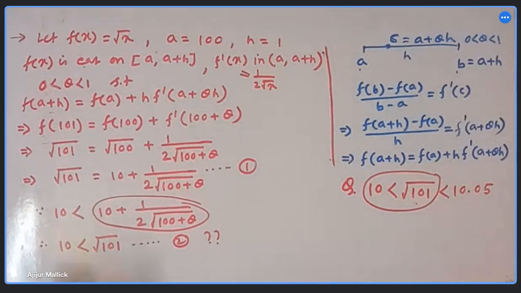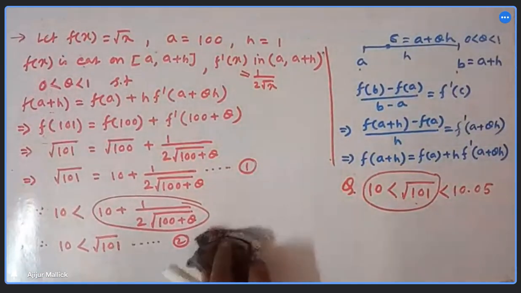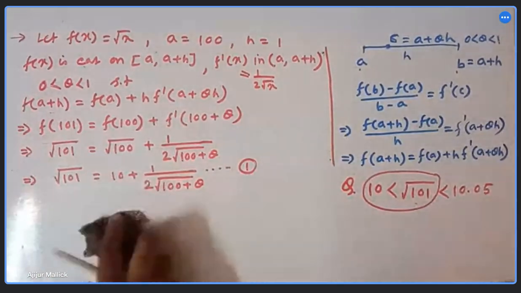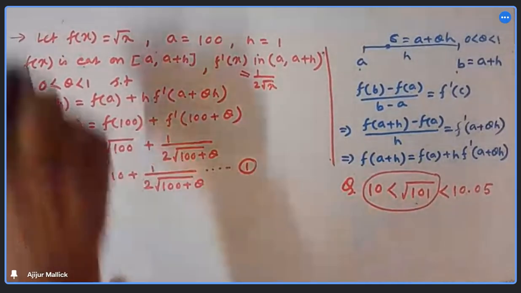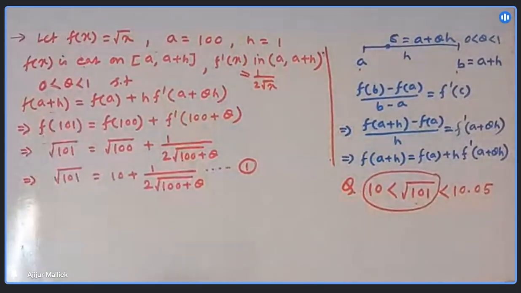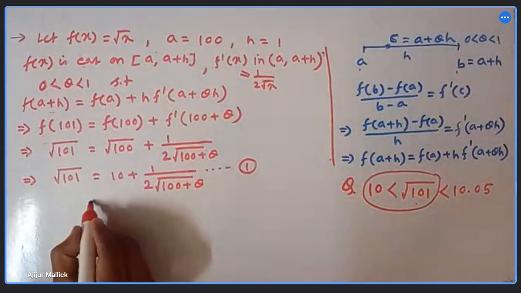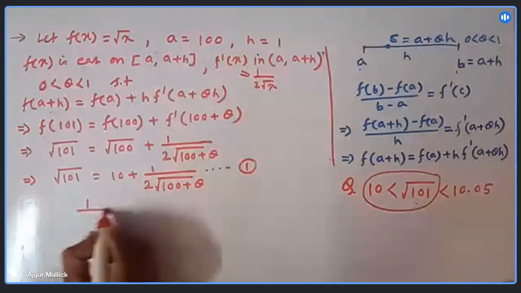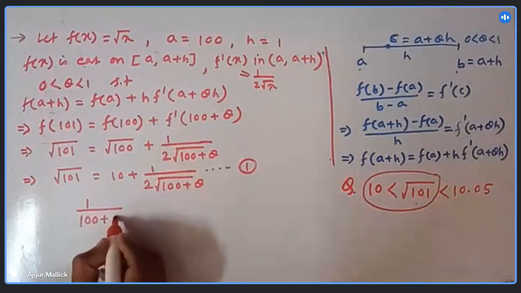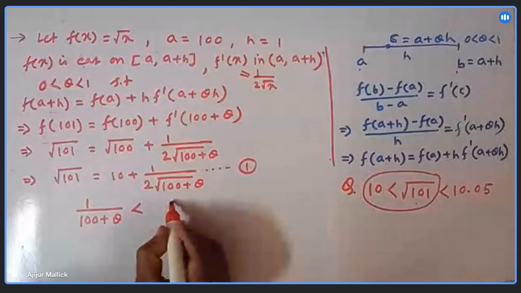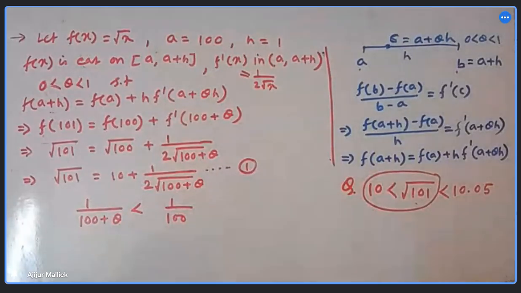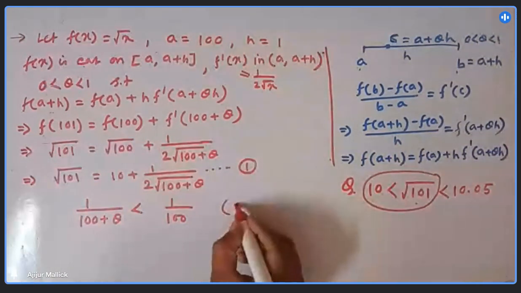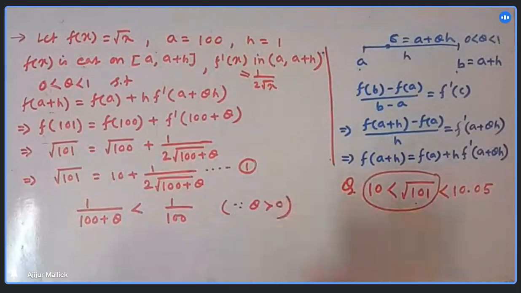We can say this thing: 1 by 100 plus theta is clearly less than 1 by 100, since theta is greater than 0.